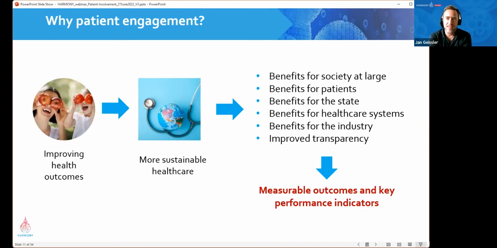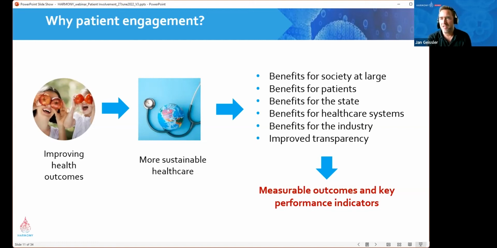And in the end, there are benefits for everyone if we do that, because there are benefits for society as such, because you have a more healthy population, you're avoiding waste of money and really target interventions to the true needs of society and the people that are affected and living with a certain condition.